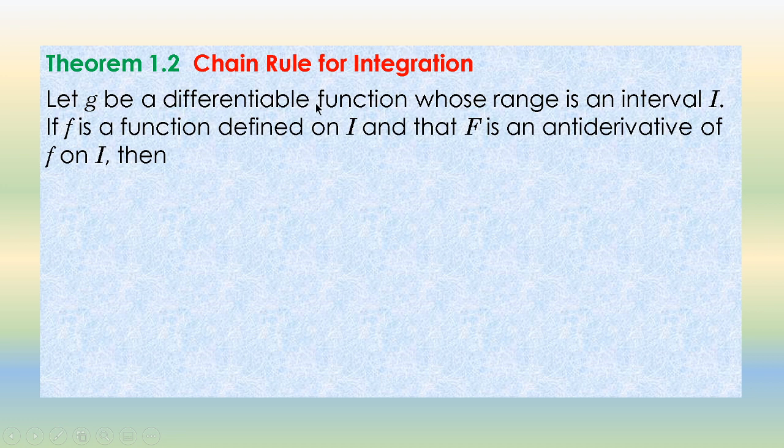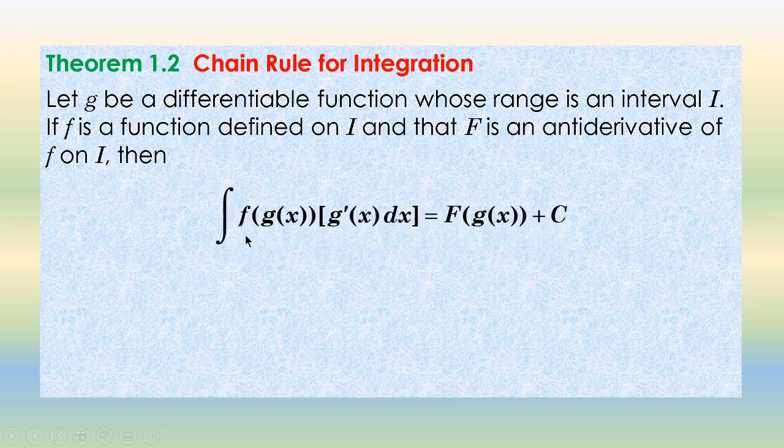Let g be a differentiable function whose range is an interval I. If f is a function defined on I, and big F is an antiderivative of f on I, then the integral of f of g of x times g prime of x dx is equal to big F of g of x plus c.